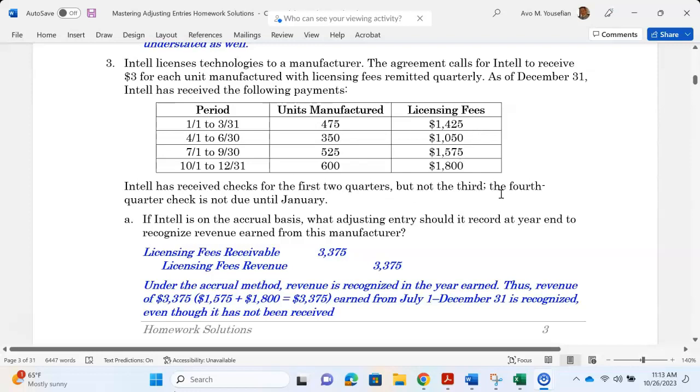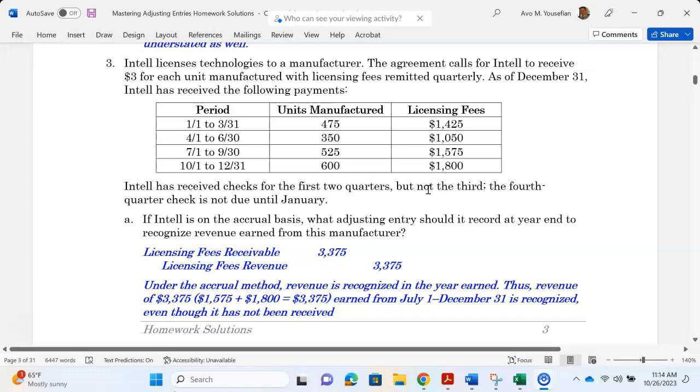But the third and fourth check is not due until January. So for the third and fourth quarter, the payment is due. They didn't receive the third one, which is kind of weird because they have to receive it on a quarterly basis. The fourth quarter check is not due until January 1st. So that's good. But where is the third quarter?